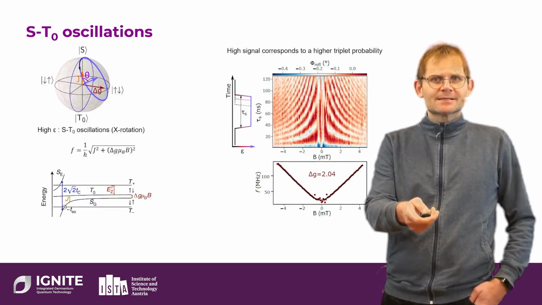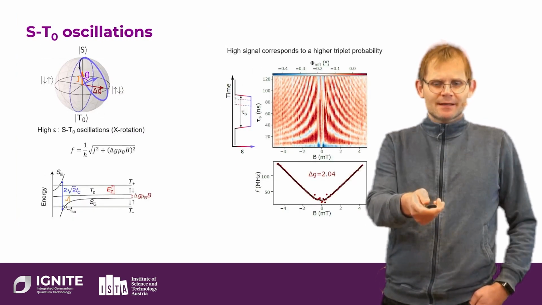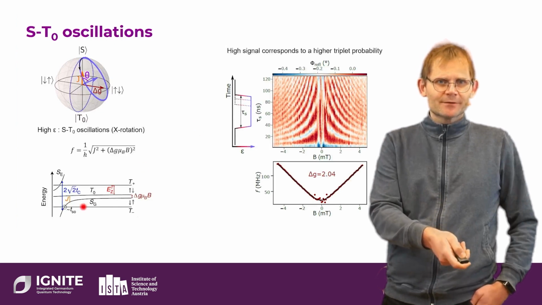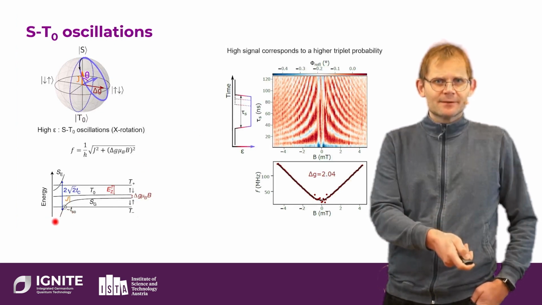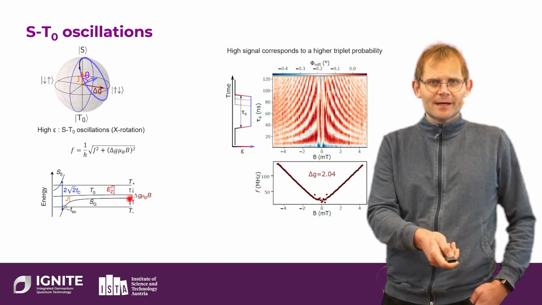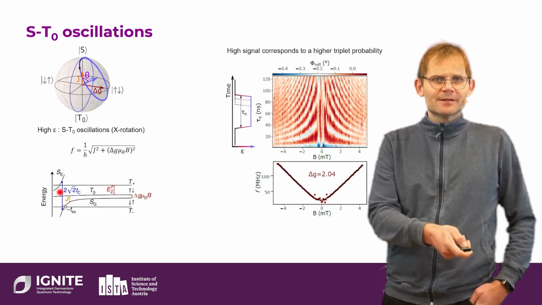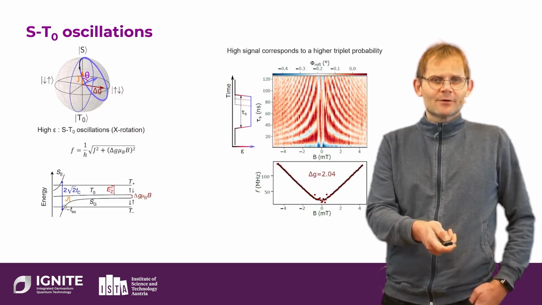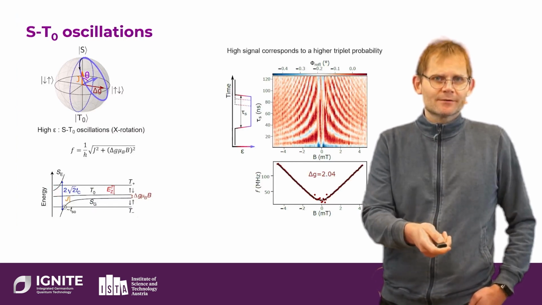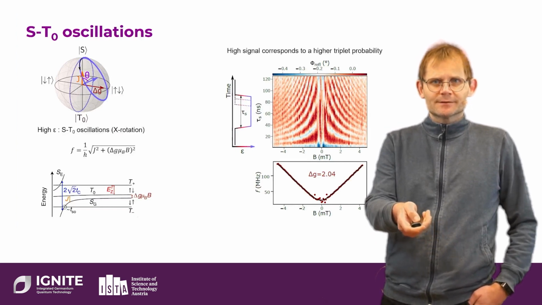So let's look at the singlet-triplet oscillations. Again, as a refresher, what we are doing is we start in the singlet, we pulse very fast, then we wait, and then we get coherent rotations, as we have seen, and then we pulse back, and depending on whether we end up in a singlet state or a triplet state, we can go back to a 2-0 occupation or not.